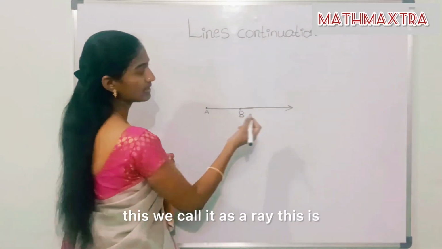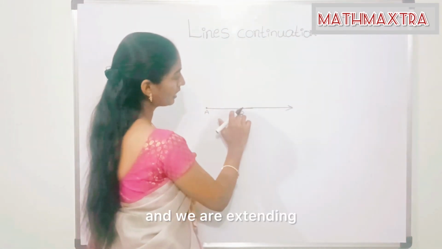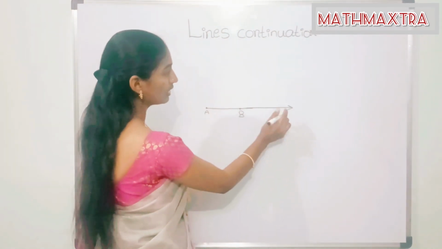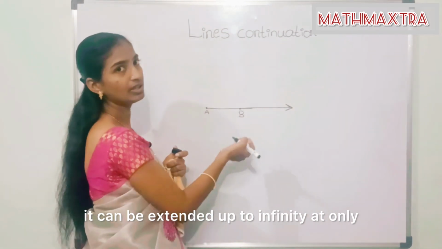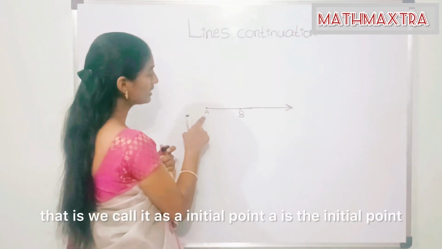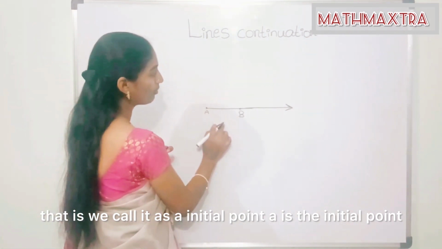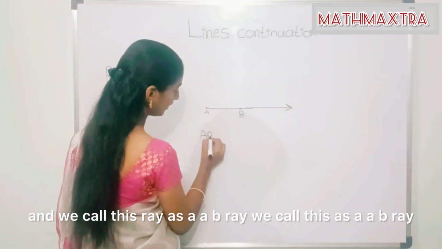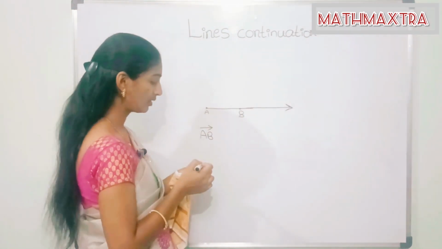This we call a ray. It can be extended up to infinity at only one end. It has only one endpoint, which we call the initial point. A is the initial point, and we call this the AB ray.